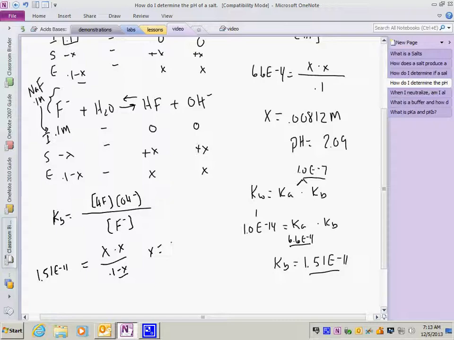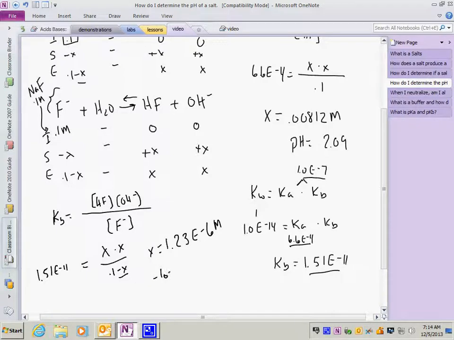I will do that. And your answer is 1.23 e to the negative 6th. So that means of the 0.1, this thing could only push over at a given point in time this 1.23 e to the negative 6th moles per liter.